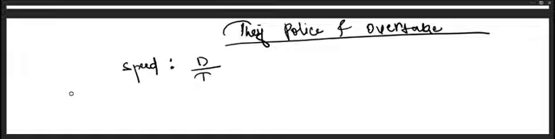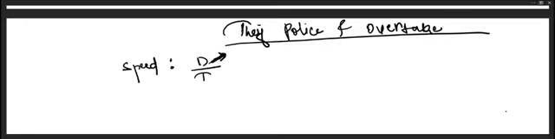But my question is, how do we calculate the distance? If we want to get the speed, then we have to first find the measurement of distance.